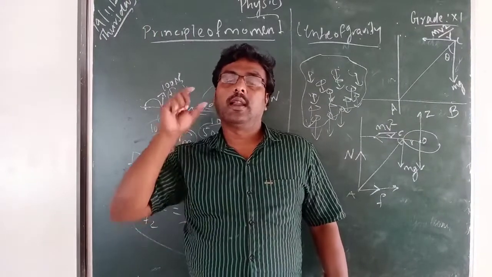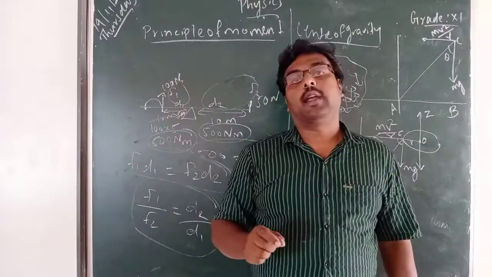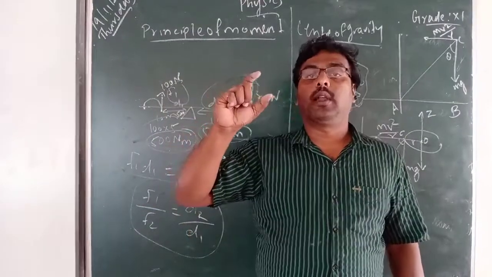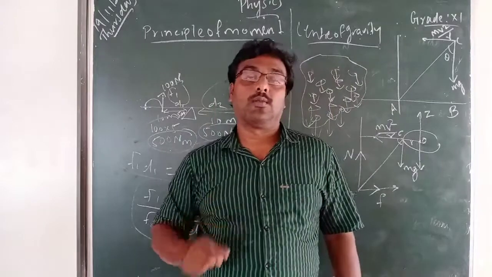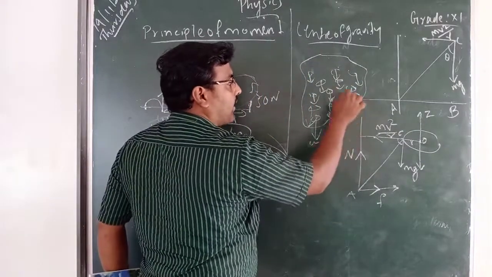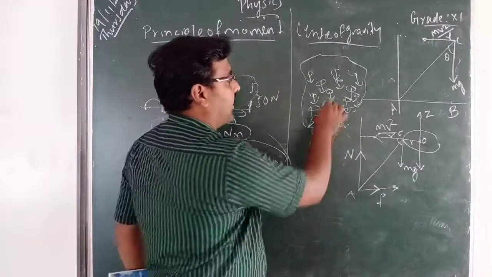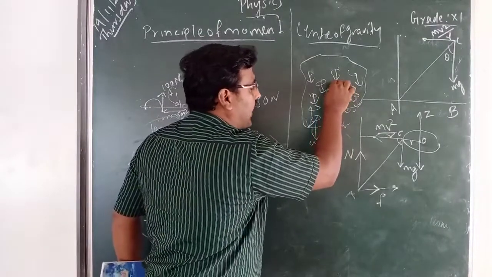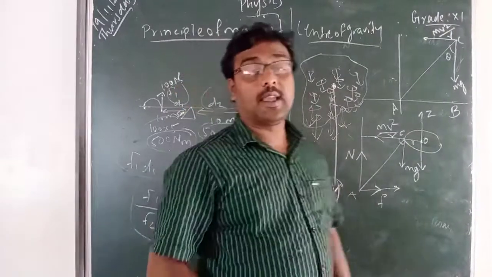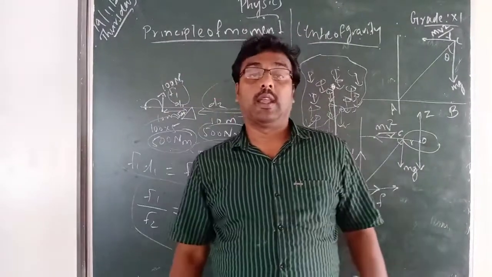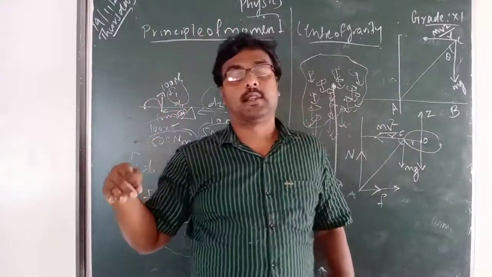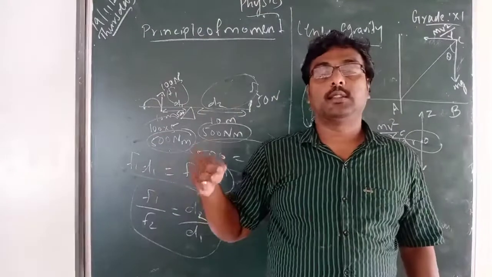The net force acts at a point, and that point we are saying is the center of gravity. Everywhere the downward force is acting and the net force will act at a point. The point at which the whole weight is acting is the center of gravity.